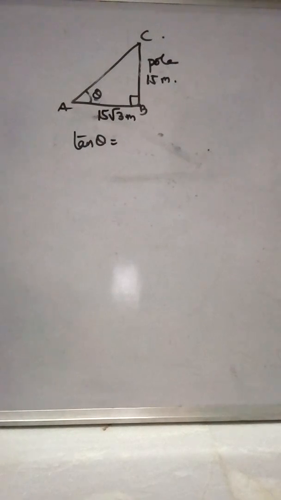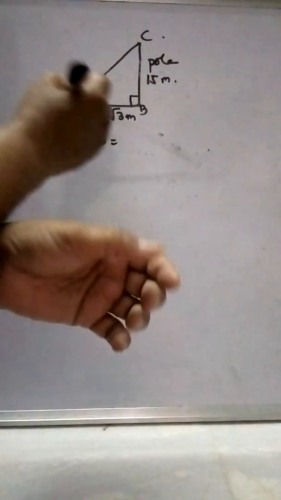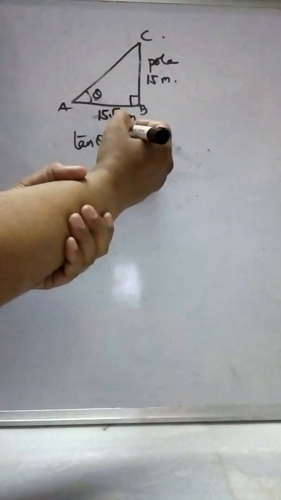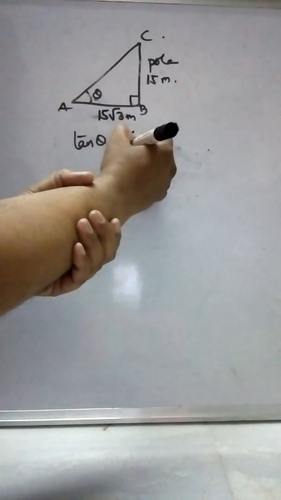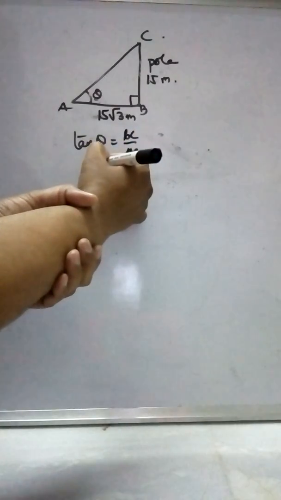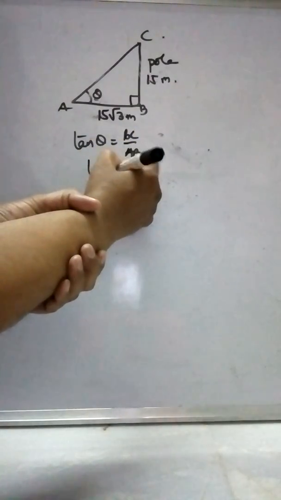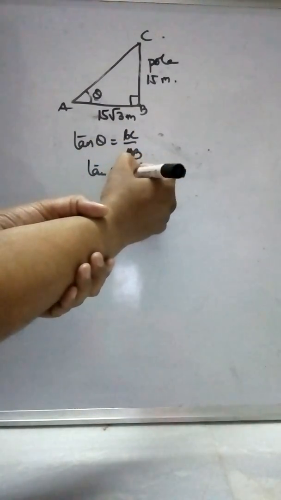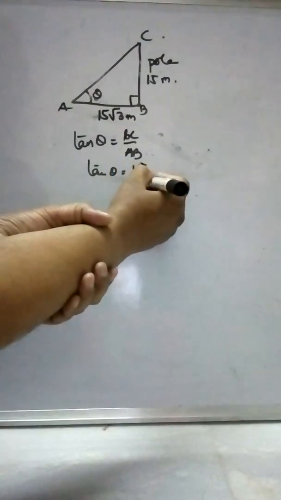Okay, so theta is the angle of elevation of the sun's rays with the ground at the given time. So for this, tan theta is equals to BC by AB. So tan theta is equals to 15 by 15 root 3.